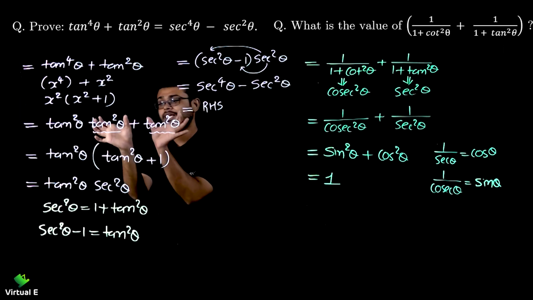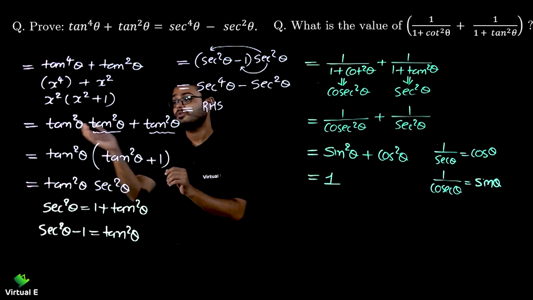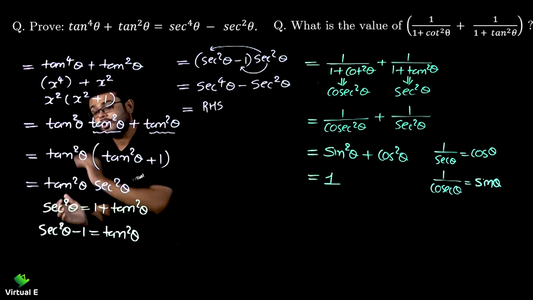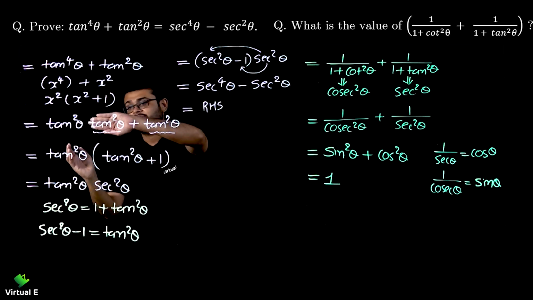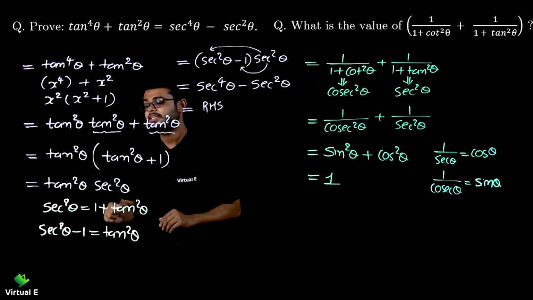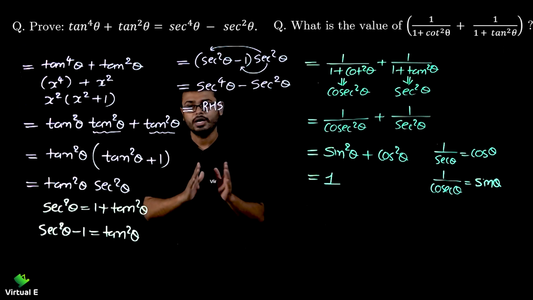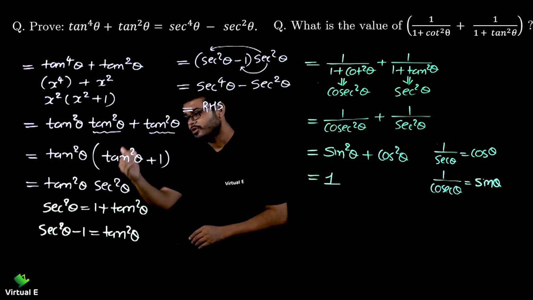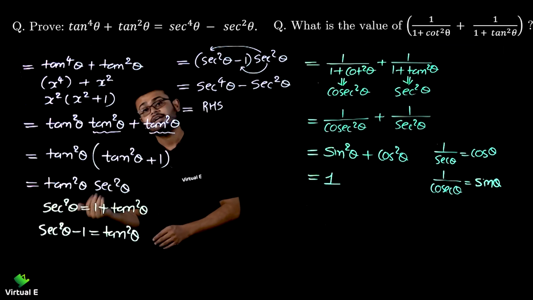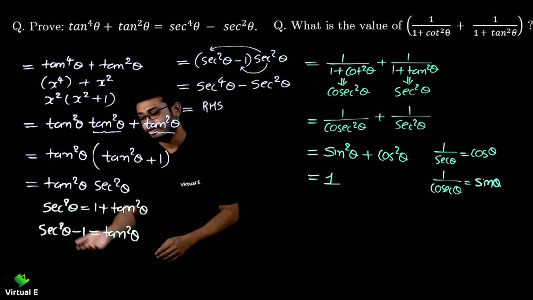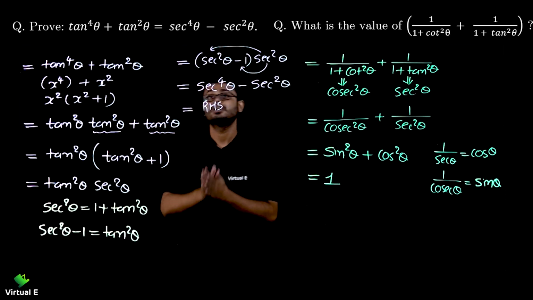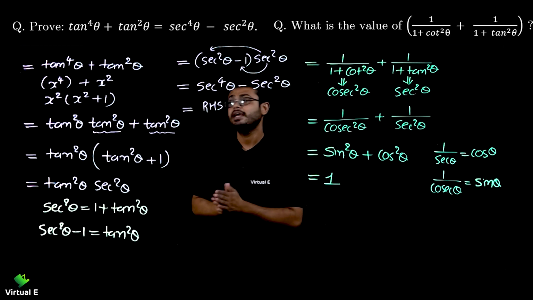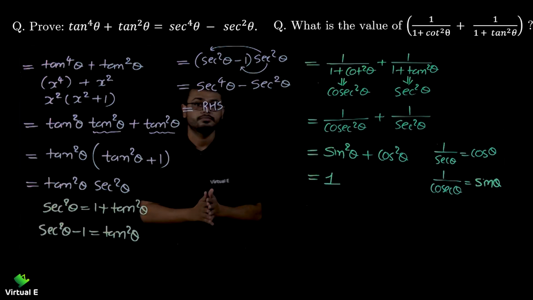So we can see there is something common between these 2 terms. Take that common out. So what's left? If I take this common out, there's only tan square theta plus 1. Simple. So here the identity is sec square theta, so replace with it. For tan square theta also the same identity but in a different form, that is sec square theta minus 1. Replace and multiply and get your answer.